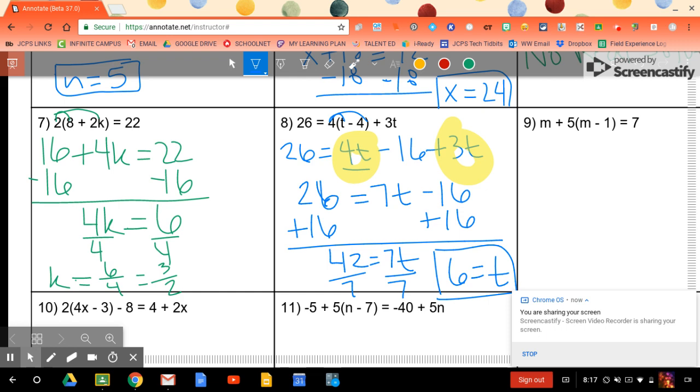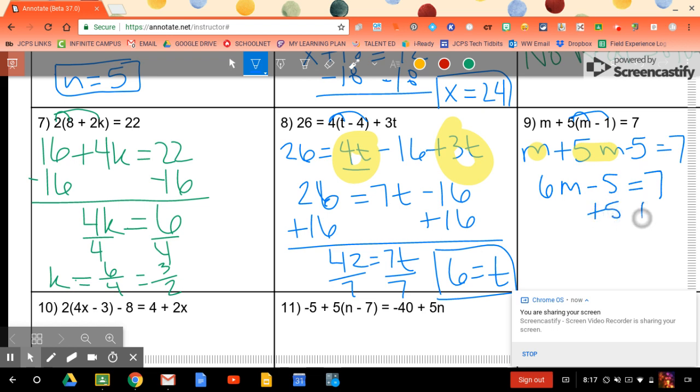Moving on to number 9. Your first step is to distribute. So you're going to get m plus 5m minus 5 equals 7. Your next step is to combine your like terms. You have m and 5m. So you're going to get 6m minus 5 equals 7. You'll move your constants.